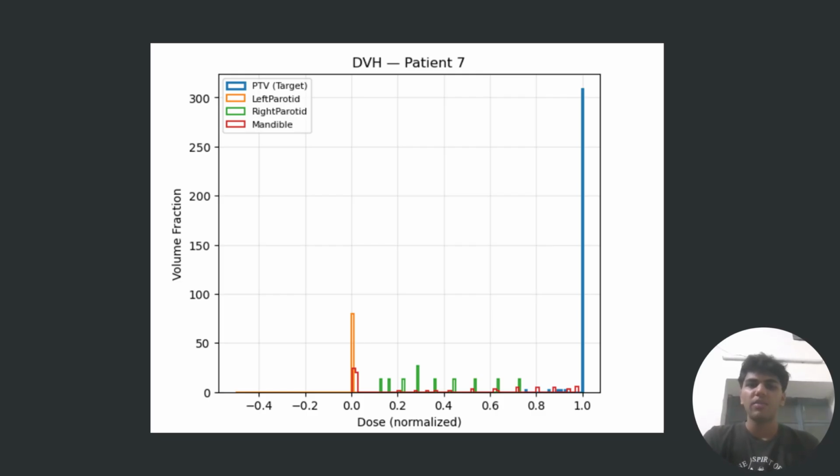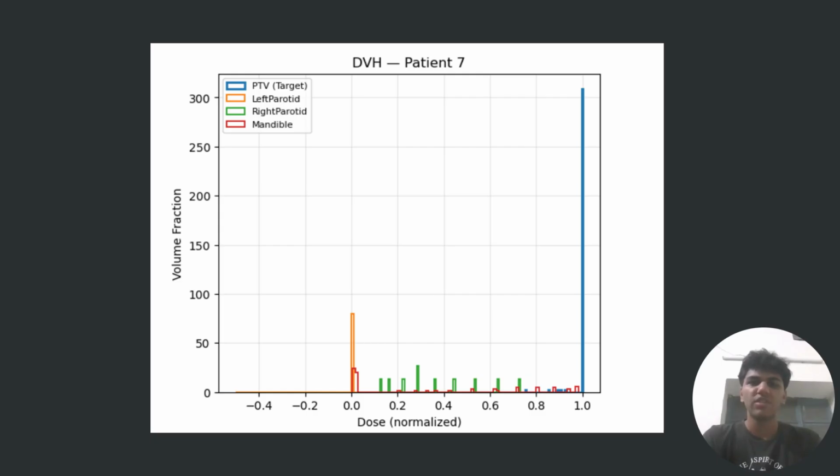The remaining curves represent key organs at risk, in orange for the left parotid, green for the right parotid, and red for the mandible. These curves sit far to the left, which indicates that only a small fraction of these structures received even moderate dose levels. Most of the volume of these sensitive structures did not receive any dose or received very low dose levels.